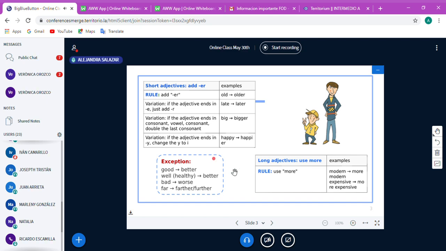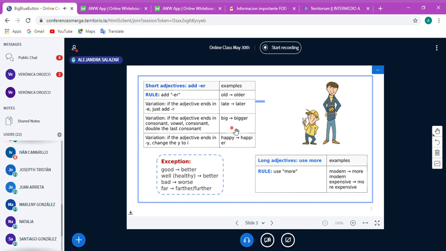Antonio, if you have bad, you have to use worse. Okay, so remember, short adjectives, I have to add ER, but I have to follow the rules, which are simple.